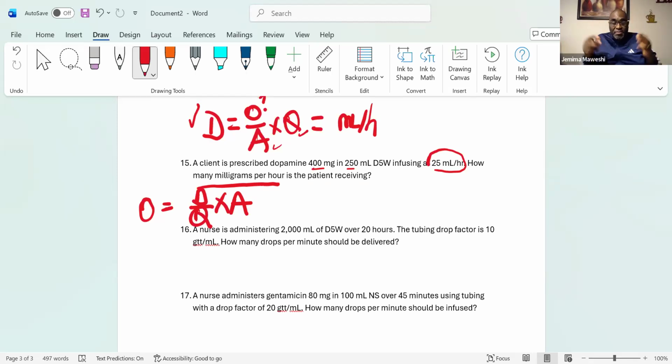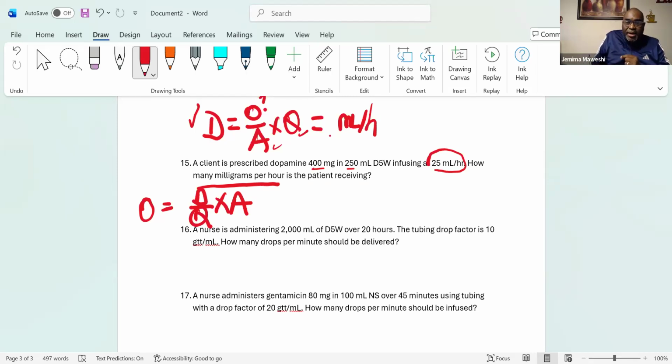Something like when your family sees you, they know, this is my daughter, this is my wife, this is my mom. The kid cannot confuse the mom because they know you. They're so used to seeing you. Same thing here. Whenever you see milliliter per hour, boom, it's not a trick. It's not a distraction. It's the real deal. So you're going to use that.